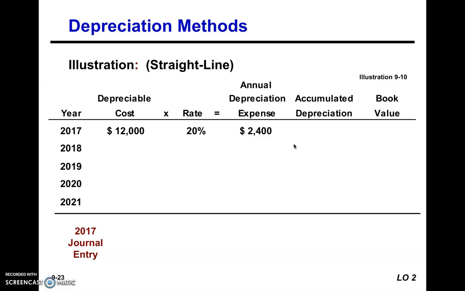Now, the journal entry would be debit to depreciation expense for $2,400 and credit to accumulated depreciation for $2,400.